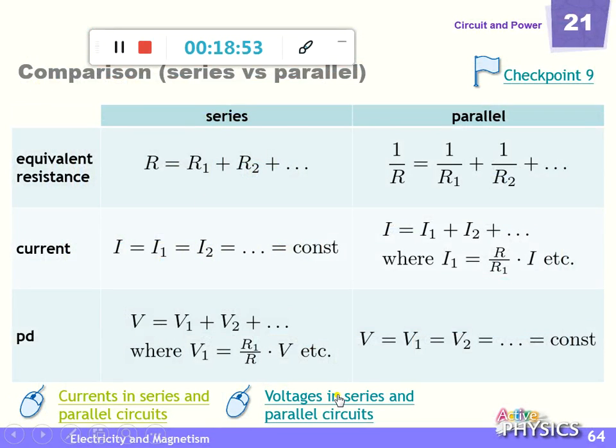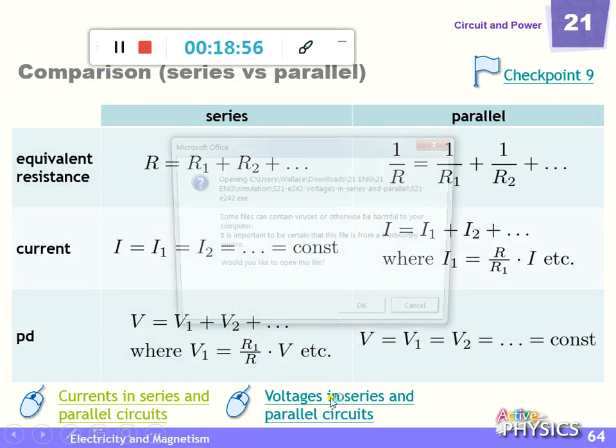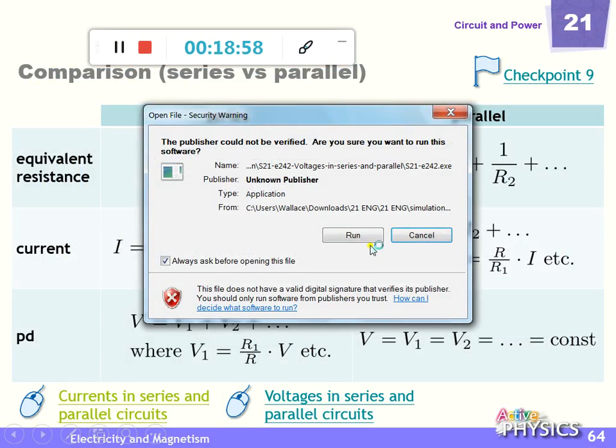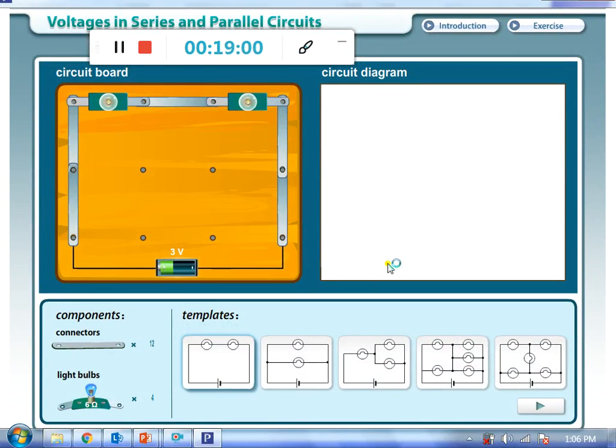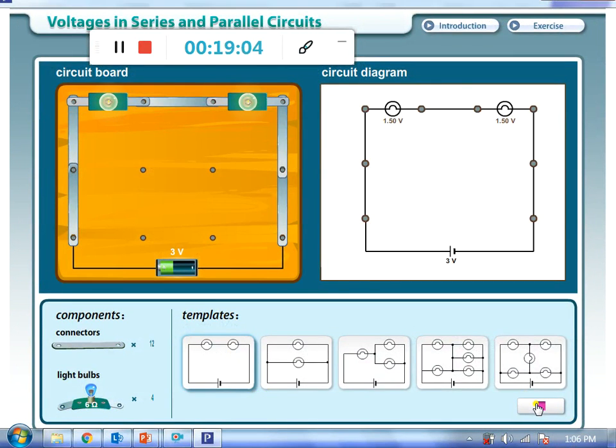Okay, next will be the voltage. For the voltage, this one will be the division of the voltage. The total EMF will be 3 volt. For 2 identical light bulbs, we'll have half of it, 1.5 volt.